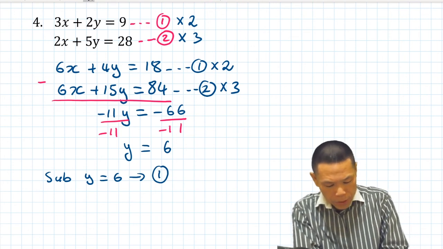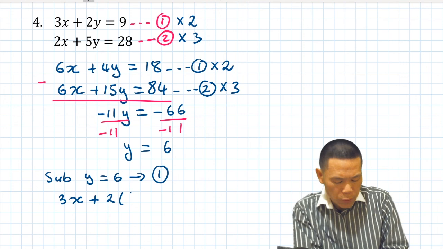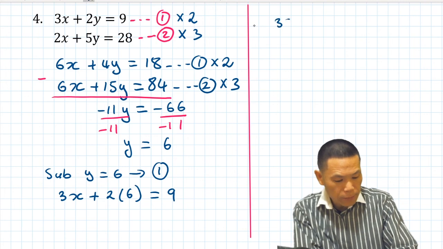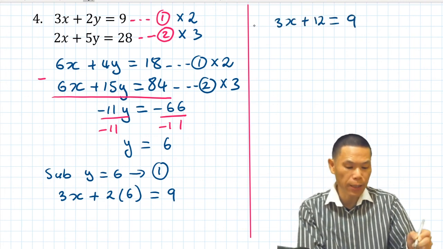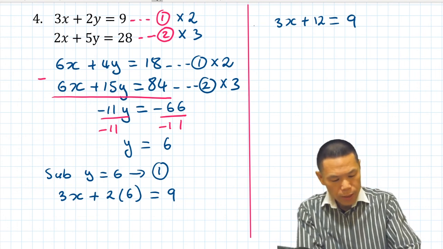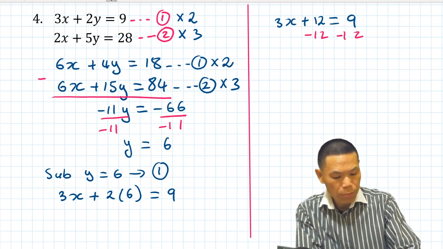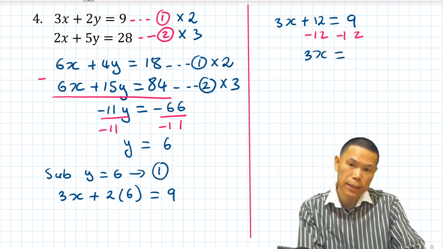So that is 3x plus 2y, which is 6, and is equal to 9. So now 3x plus 12 is equal to 9. Then I just remove the 12 by minus 12 from both sides. So the left hand side becomes 3x is equal to 12 minus 9 is 3.